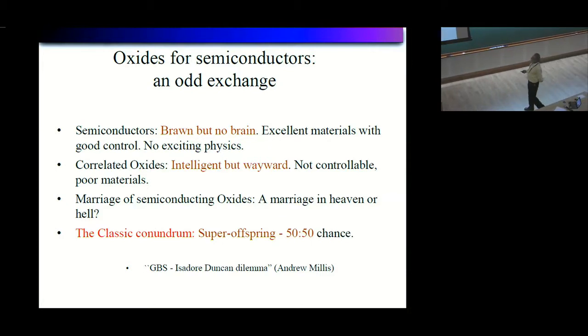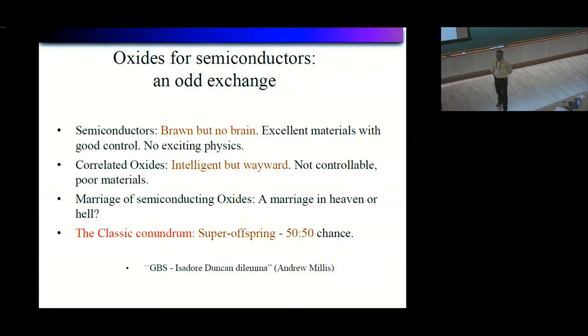They're intelligent but wayward, in that they're not controllable, very poor materials, which is what all intelligent people probably are. So the idea is that you can have a marriage of semiconducting oxides and correlated oxides. A marriage in heaven or hell is the question. This is the classic conundrum of whether you generate a super offspring; there's always a 50-50 chance. As Andrew Millis puts it, this is the famous George Bernard Shaw, Isadora Duncan dilemma.